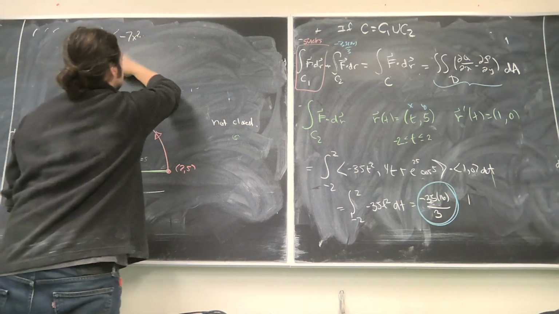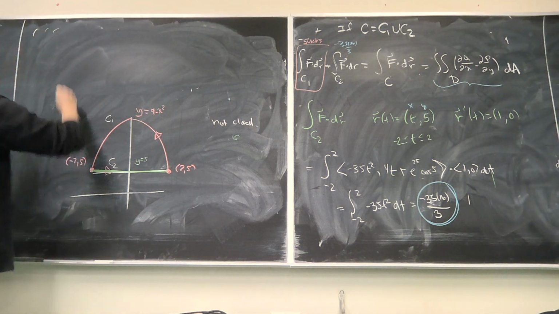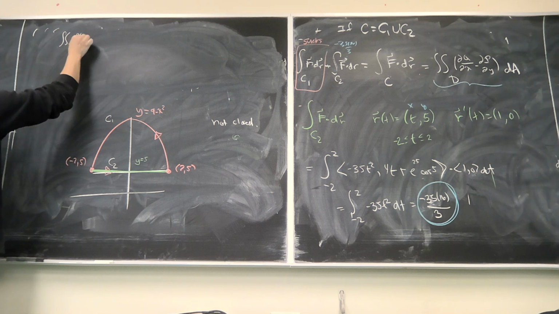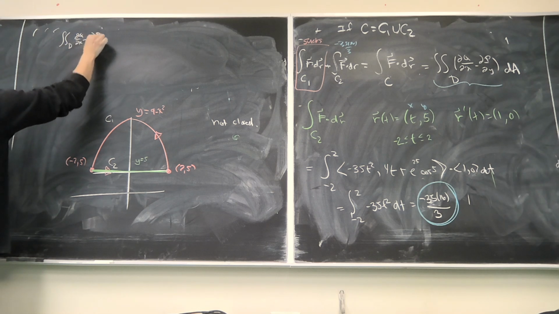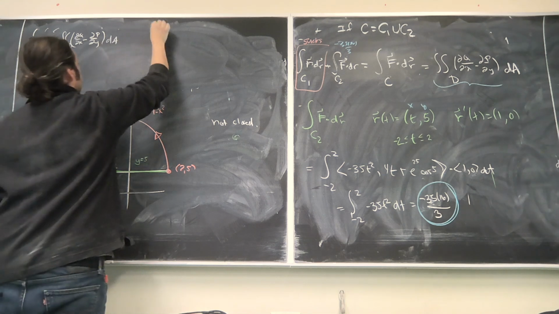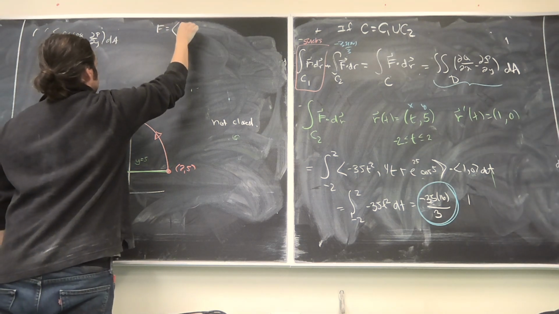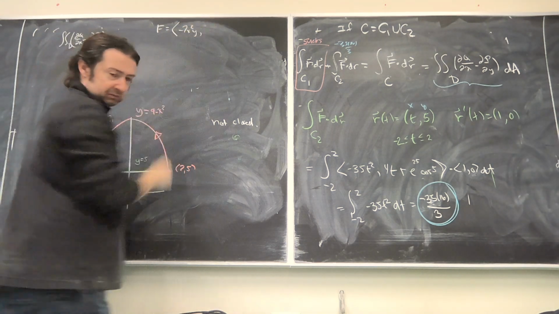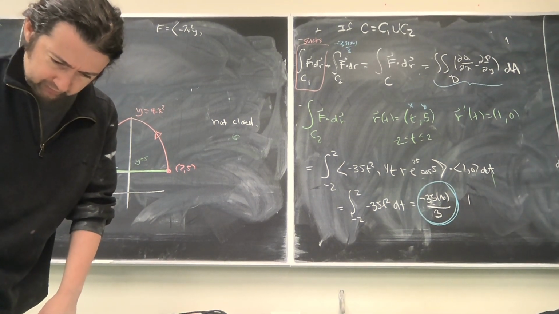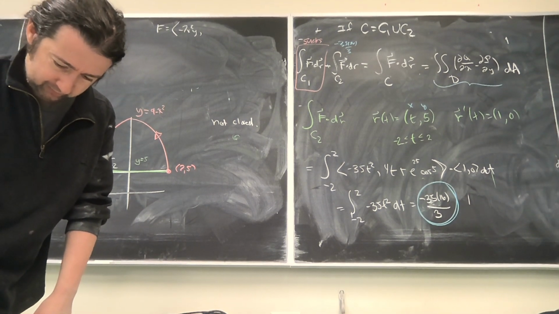Well, let's see. The double integral over D of dQ/dx minus dP/dy, and of course I erased the vector field, sorry, where f was minus 7x squared y, was it 4x, 2x? What's in the second slot? 4.